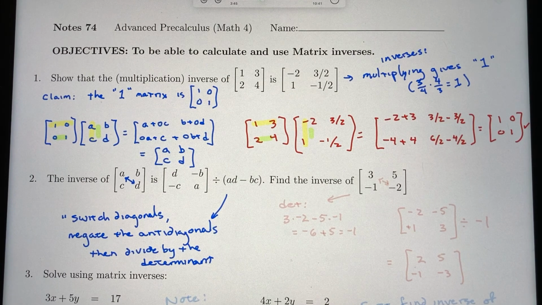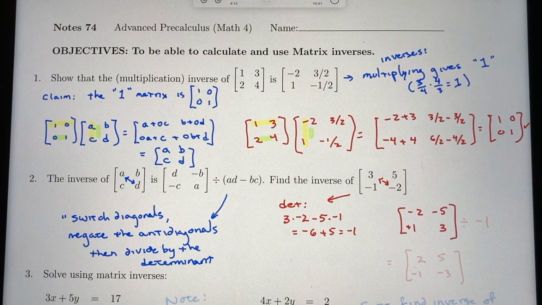So I like to do a little spade work first. Let's find the determinant. Okay, so we switch the diagonals. We change the signs on the antidiagonals.